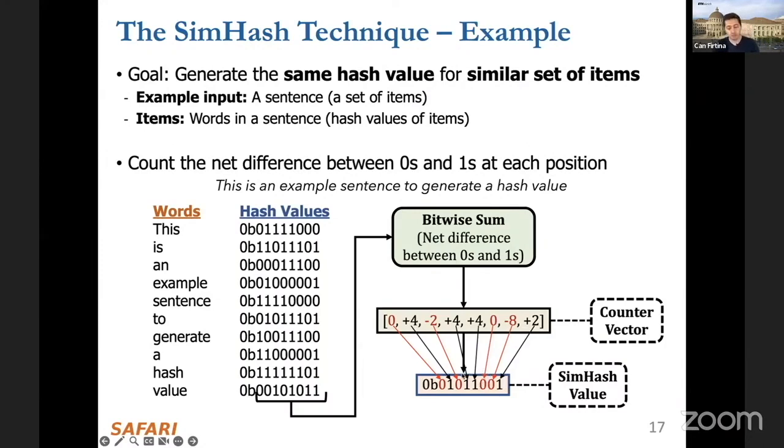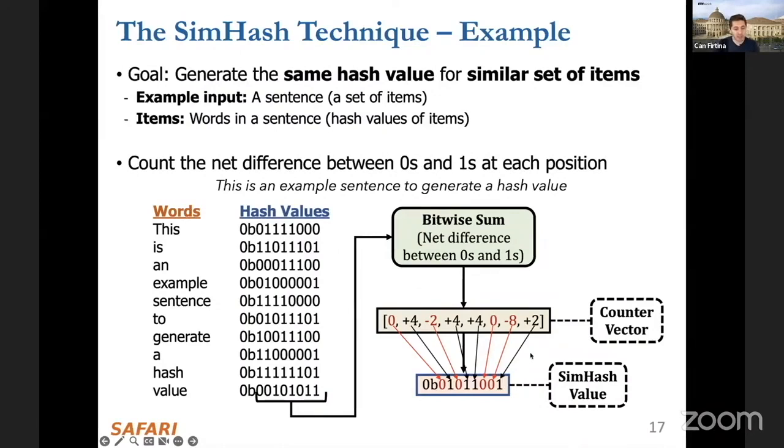So by just looking at this particular SimHash value and ignoring the counter vector, I can tell at which positions there were more ones than zeros, right? Just looking at this least significant bit, for example, I can directly tell without even doing this computation that there are more ones than zeros. So this is actually a very important property of SimHash.